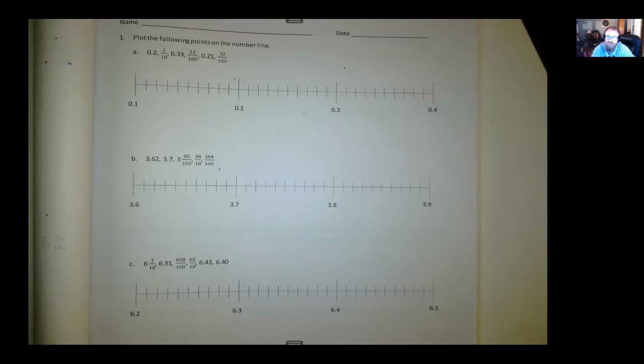Okay, let's take a look at the problem set on page 83. That's where you're going to see some of the problems that you're going to have on your exit ticket. Number 1 says plot the following points on the number line.